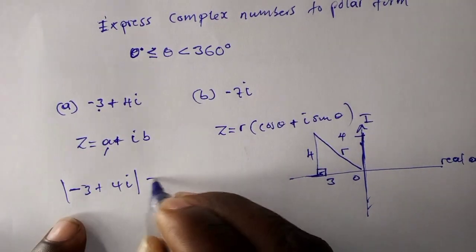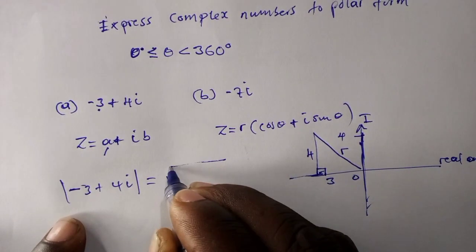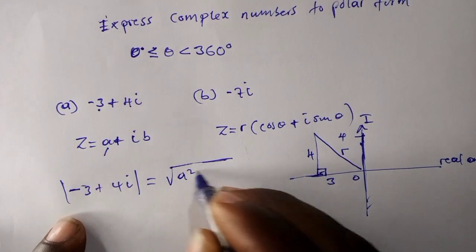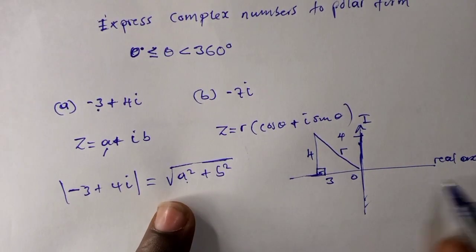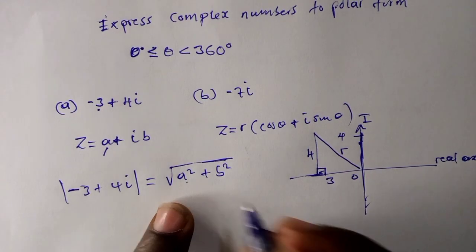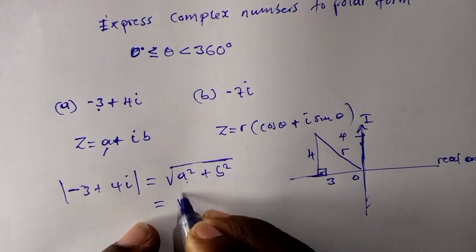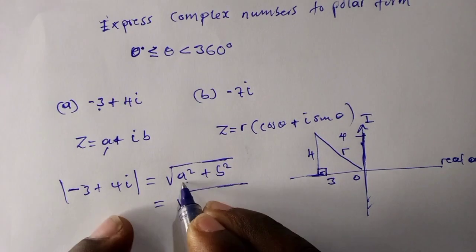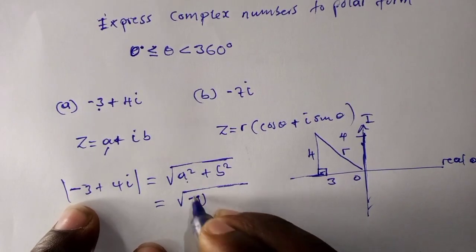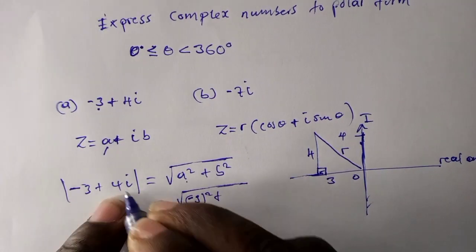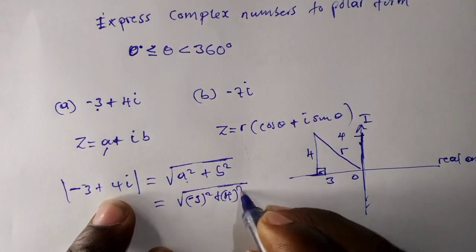The modulus equals the root of a squared plus b squared. This a squared represents the x-axis, the real axis, so a is minus 3, which is minus 3 squared, plus b, which is 4 squared.